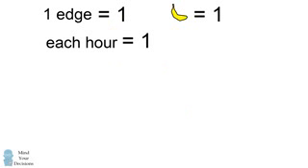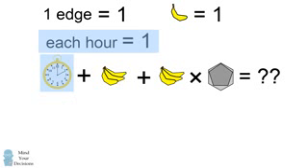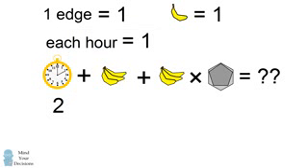We now have the information needed to evaluate the last line. We start out with a clock that shows 2 o'clock. Since each hour is equal to 1, we can assign a value of 2 here. We now have a bunch of bananas where each bunch has 3 bananas.